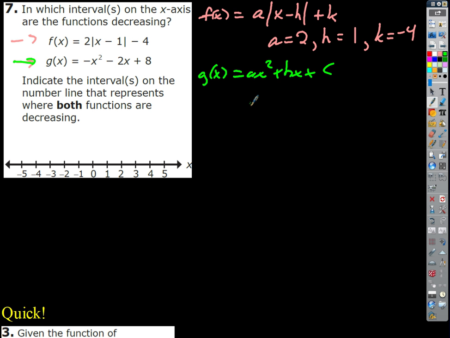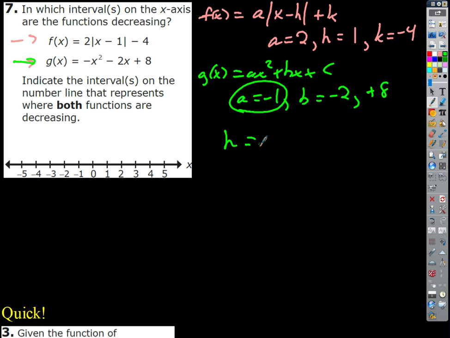It's in that form. What are the values of a, b, and c? -1, -2, and +8. Okay, if I want to sketch this thing, though, remember what our strategy was, right? We can't really sketch stuff from standard form, so we need to know what are the values of a and h and k. Well, we know a, but how do we find h?